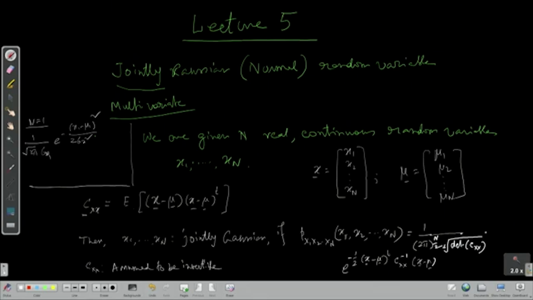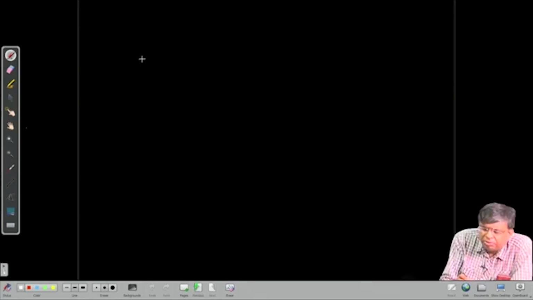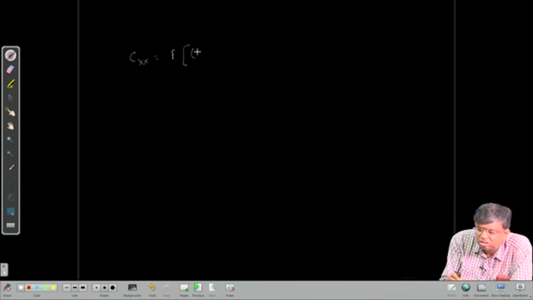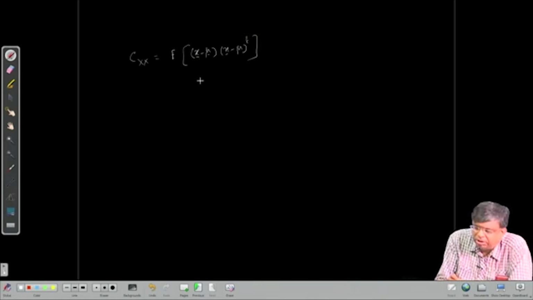Let me again elaborate this. I did this in the last class though. Cxx was a column vector times a row vector, so when you multiply, you get a matrix.